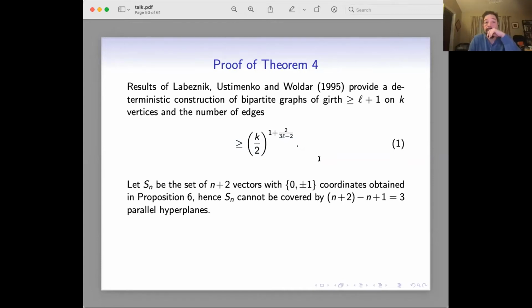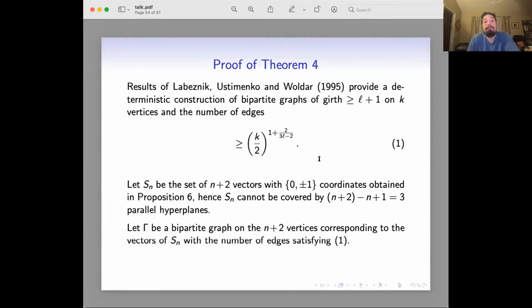So now let us take Sn to be a set like those that I showed you in our example. It's a set of n plus 2 vectors with 0, plus or minus 1 coordinates that cannot be covered by 3 parallel hyperplanes. I'm going to use this set Sn as my set of vertices.